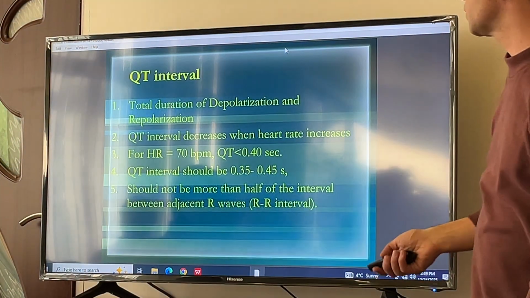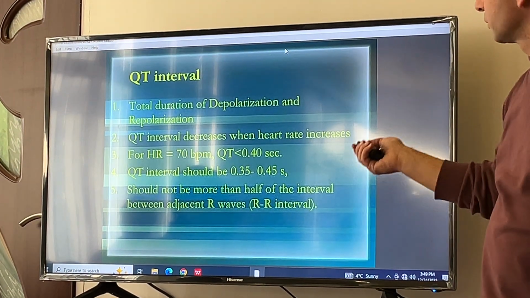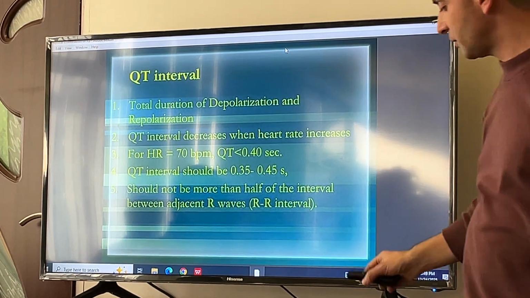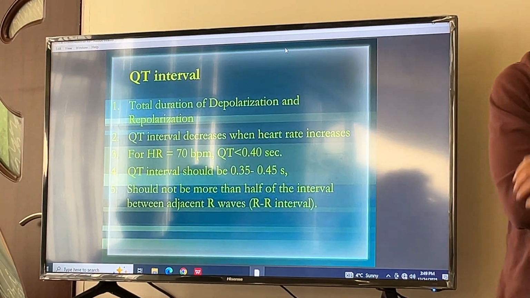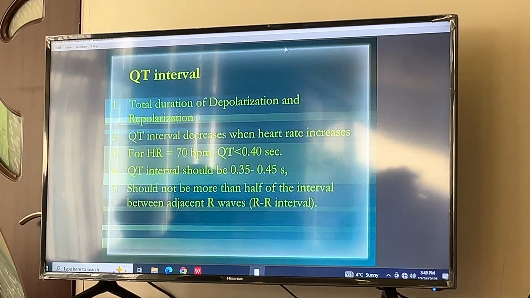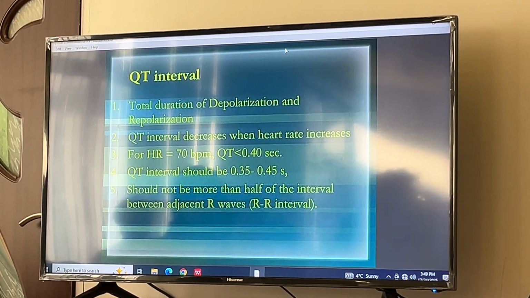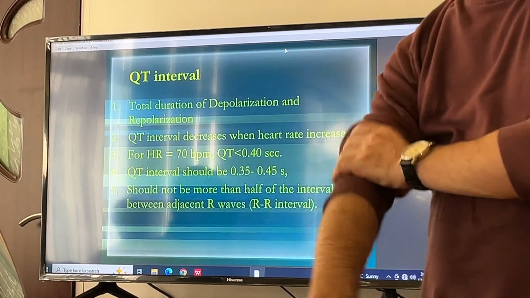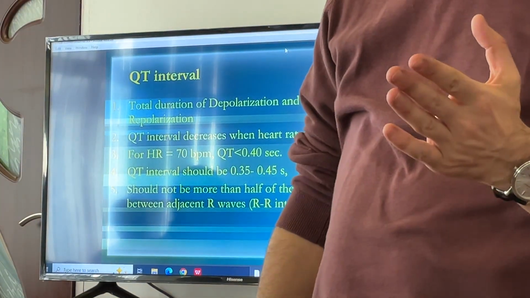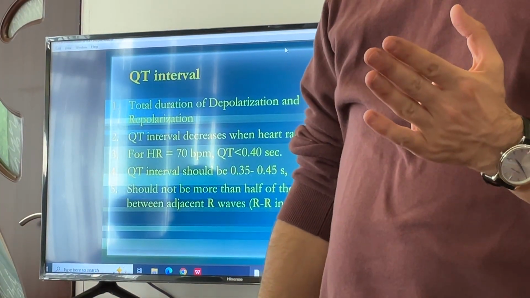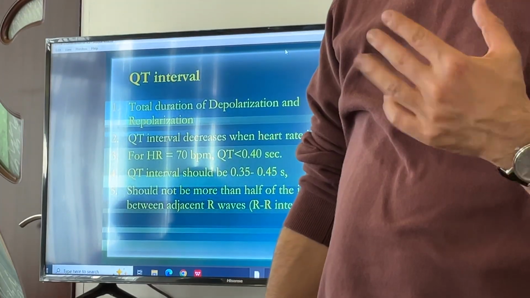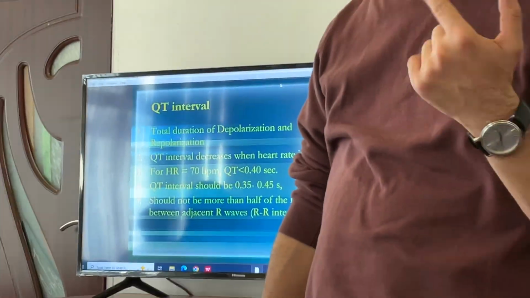These are T waves, then the QT interval. It is very important because if QT is prolonged, we may have life-threatening arrhythmias. QT may be prolonged in congenital long QT syndrome, and these people should undergo ICD implantation because they may have life-threatening arrhythmias.